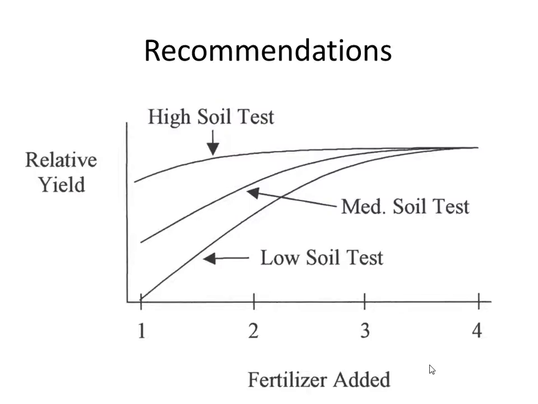Okay, so the idea then of making a recommendation is once we have put your soil into a class, low, medium, high, very high, different states have different classifications, then we can start to do an additional set of experiments to come up with a recommendation. And the concept behind a recommendation is very simple.